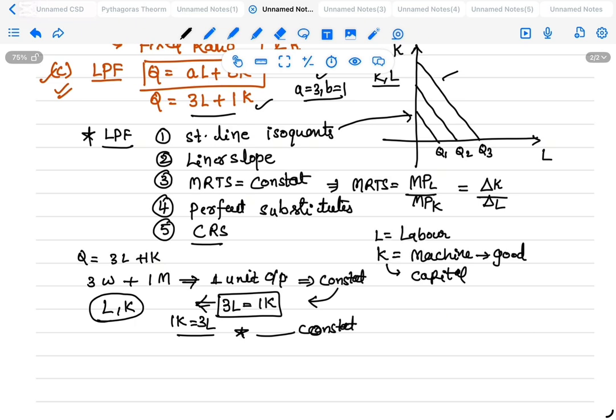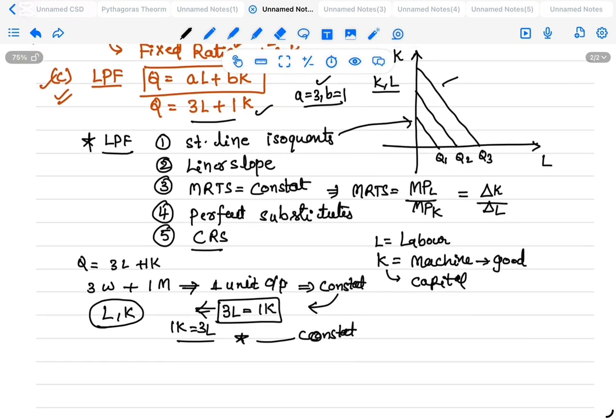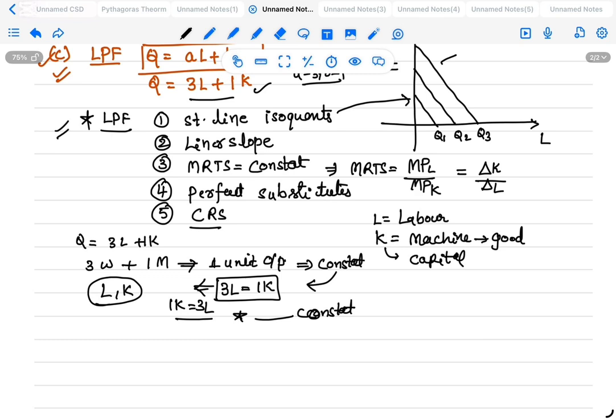The output does not change. This type of production function is called the linear production function. Perfect substitutes means we can replace L with K and K with L, and the output is constant. The linear production function is Q equals AL plus BK.